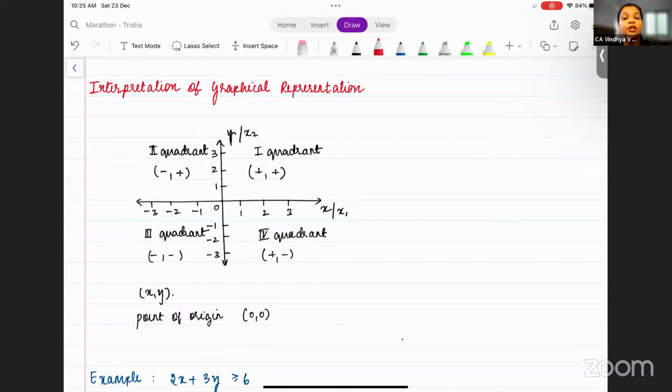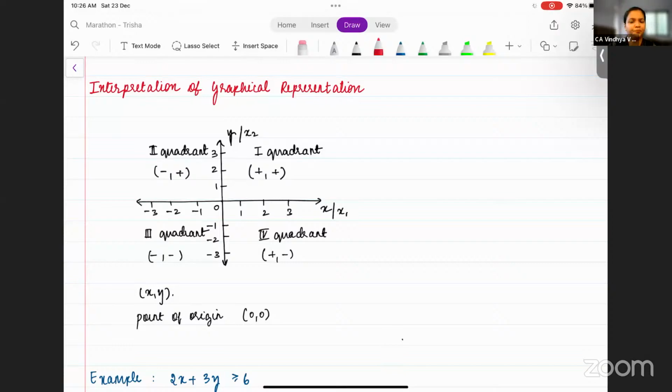First of all, we need to understand there are 4 parts in a graph. First quadrant, second quadrant, third and fourth quadrant. How do you get these 4 parts? We divide one horizontal line by a vertical line and we get the x-axis, which is the horizontal axis, and y-axis, which is the vertical axis.